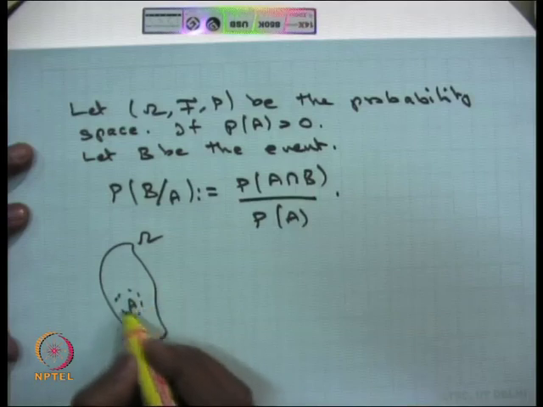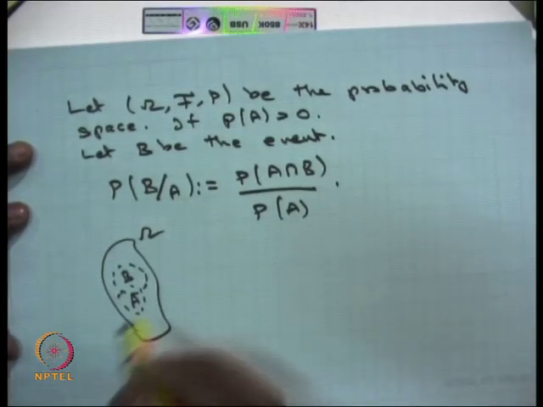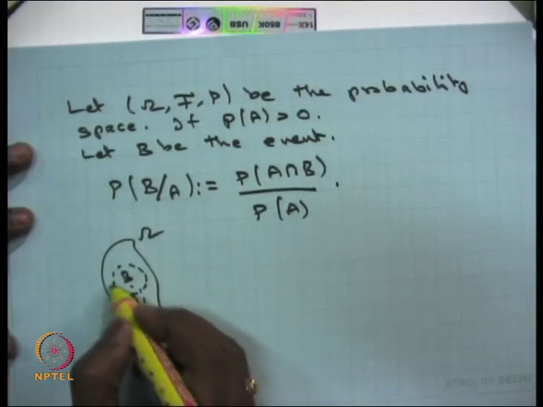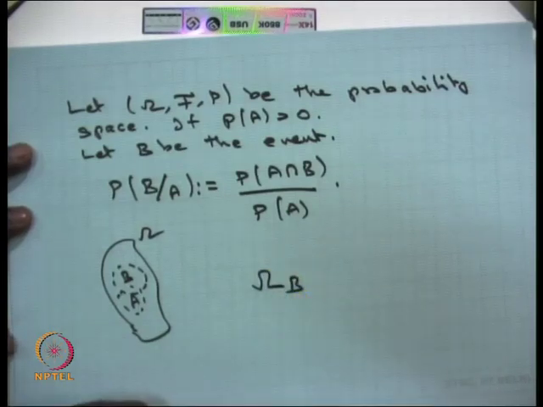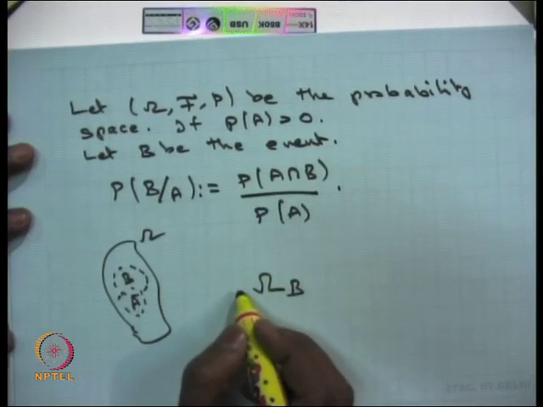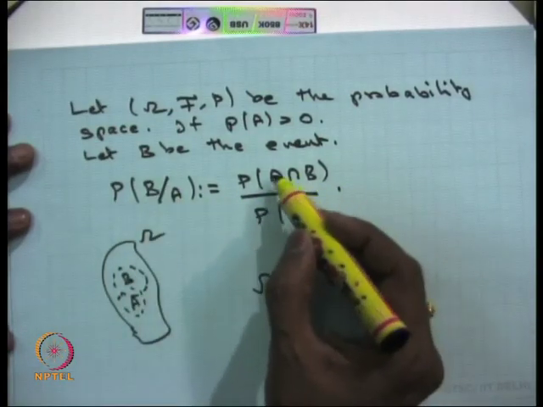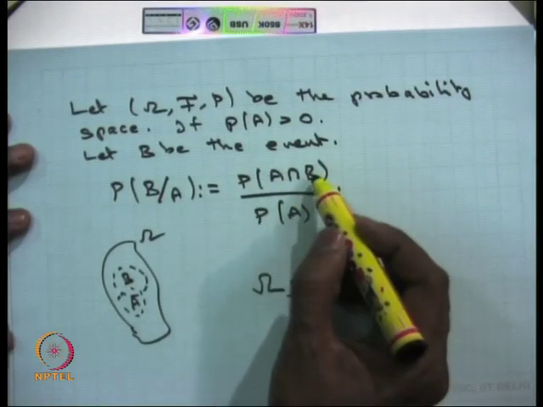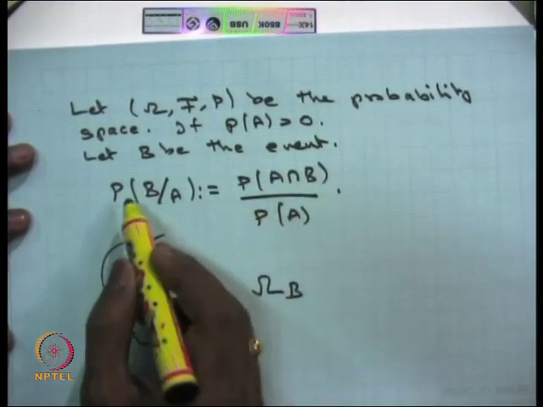With this given condition, suppose you make another event B, and you are asking what is the probability of event B. That means, you find the reduced sample space, and you find the proportion in which the event B occurs in the reduced sample space, which is the definition of probability of B given A. You find the event which corresponds to A intersection B, and the ratio of the probability of A intersection B to the probability of A gives the conditional probability.